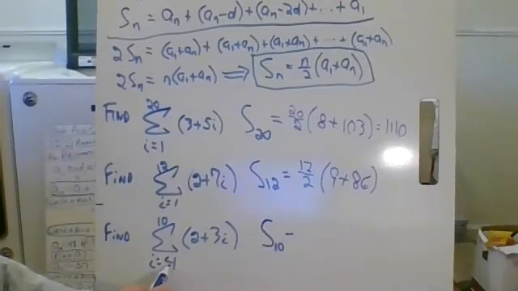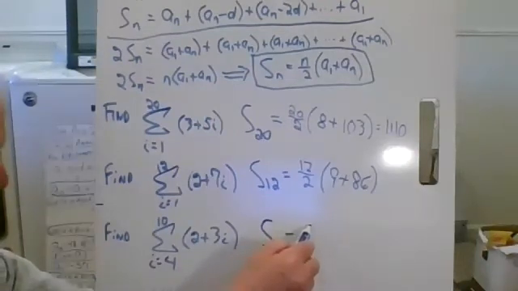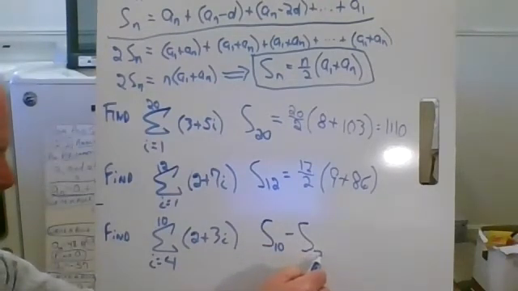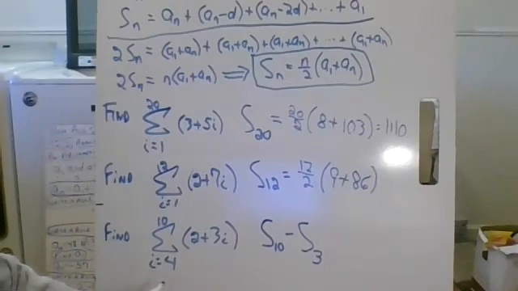So if you want to add from the 4th to the 10th, add from the 1st to the 10th, which is what S sub 10 is, minus S sub 3, going from the 1st to the 3rd, adding a sub 1 plus a sub 2 plus a sub 3. Subtract that off, and you get the 4th through the 10th. Do you see that?